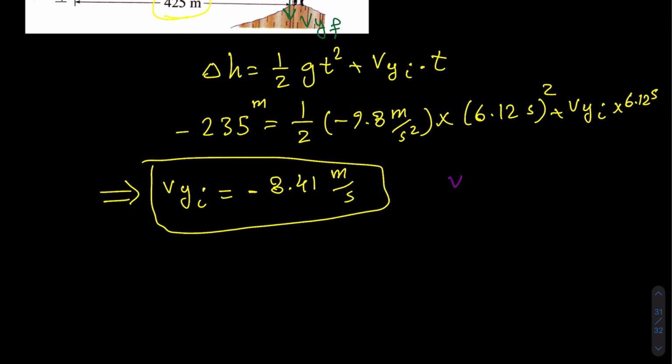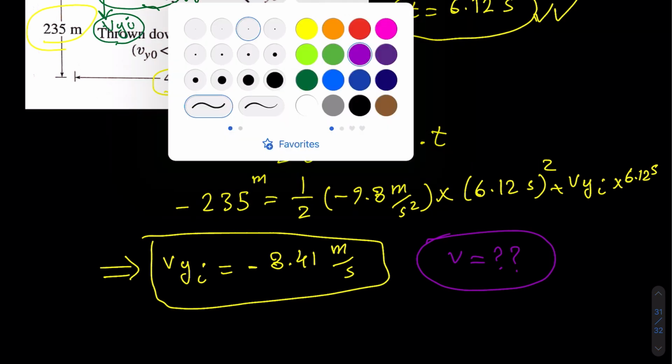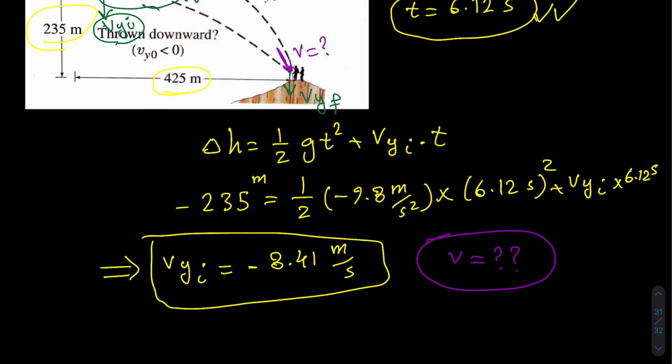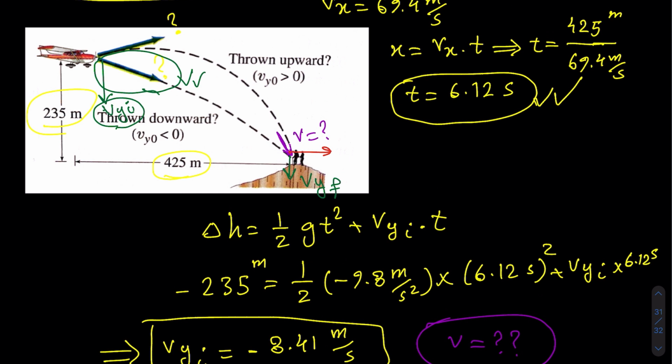In order to find the value of v, we already have the x component, which is 69.4 meters per second. But we also need to find Vy final here. We need to find this velocity.